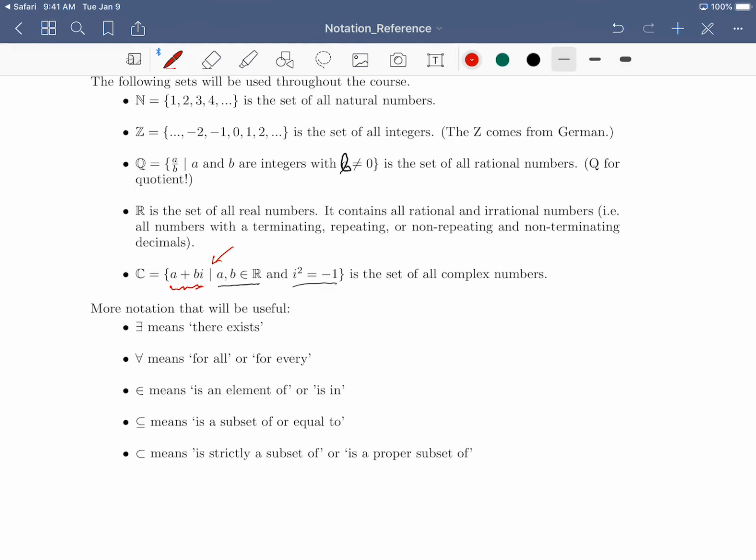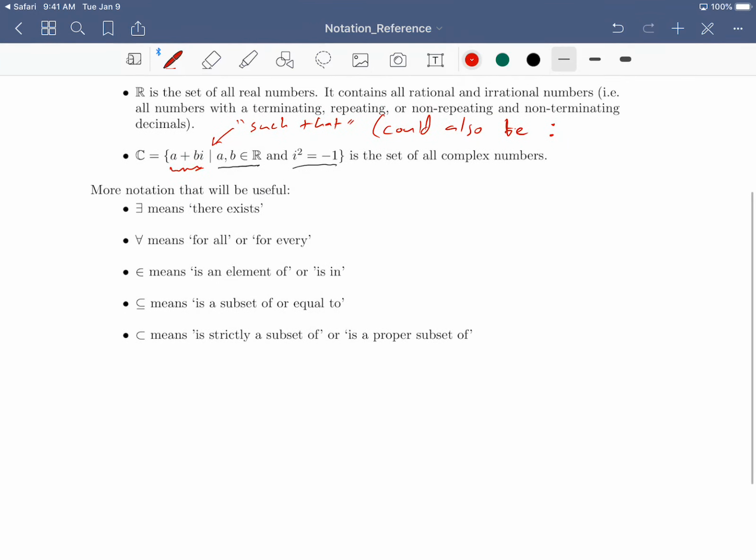And then there's a little vertical line, which is sometimes read such that, or so that, or where. So I tell you all the numbers are of the form a plus bi such that, and now I'm going to tell you what the a and the b and the i are. So a and b can be any real number they want, and i squared has to be -1. You may also see that vertical line as a colon, and that's just a stylistic choice.